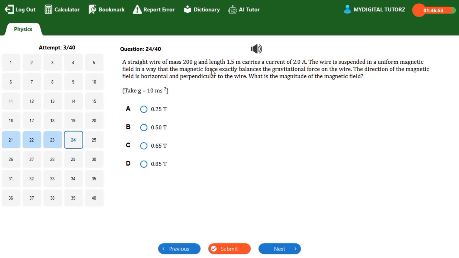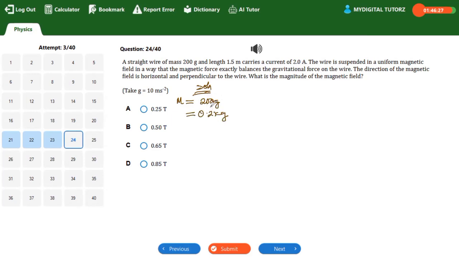The direction of the magnetic field is horizontal and perpendicular to the wire. What is the magnitude of the magnetic field strength, that is, the magnetic induction? So for the solution, you can just itemize what we have here. We have the mass to be equal to 200 gram, which is the same thing as 0.2 kilogram, right?